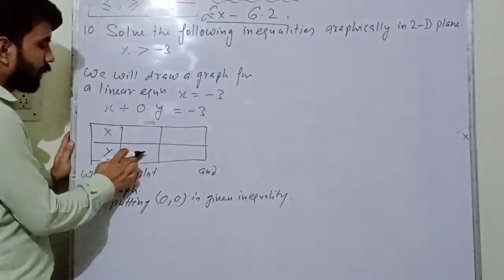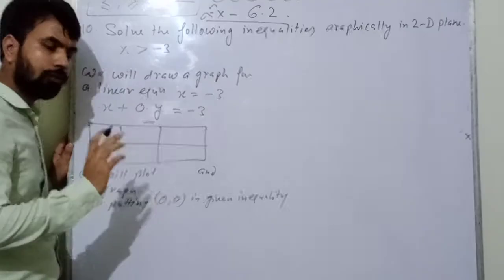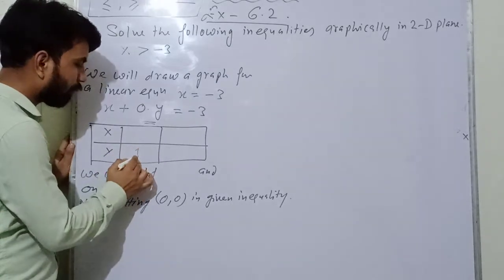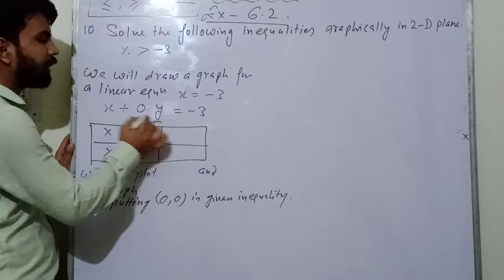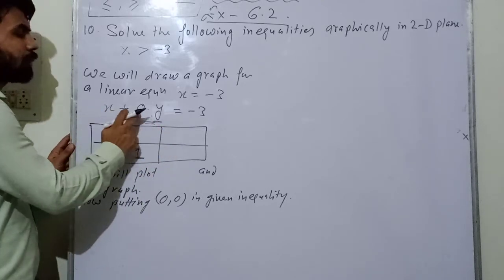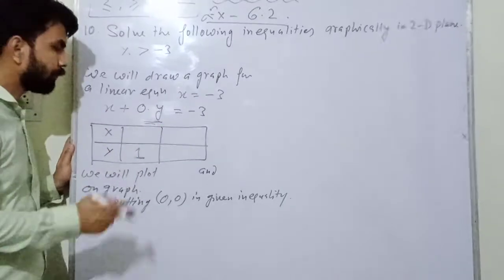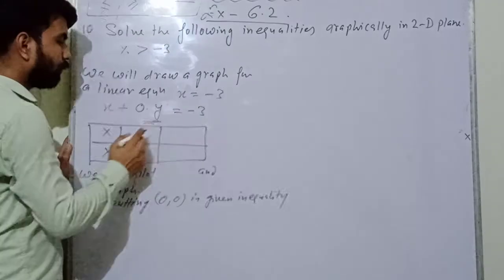So see, now here we will put the values of y. If I am putting y equals 1, तो अगर मैंने y की जगह 1 लगाया तो x प्लस 0 इंटू 1 क्या हुआ 0, तो x प्लस 0 इज x इक्वल टू -3.